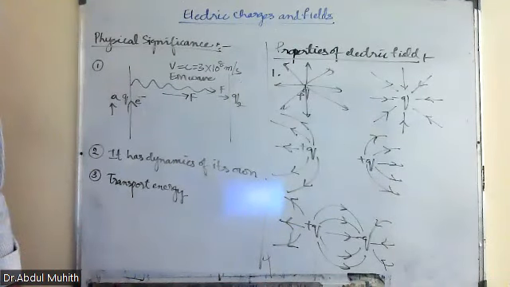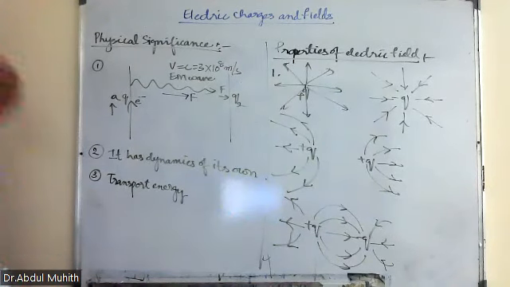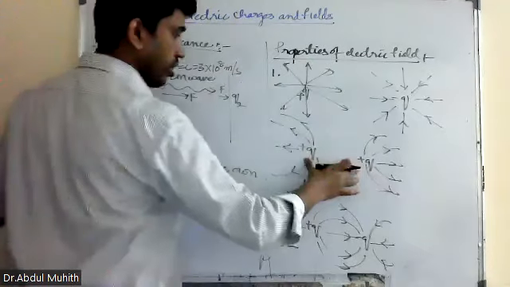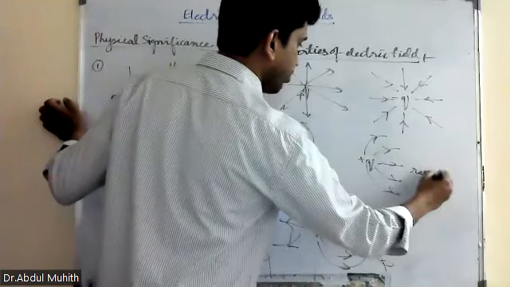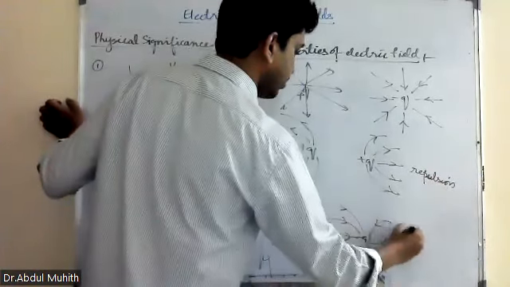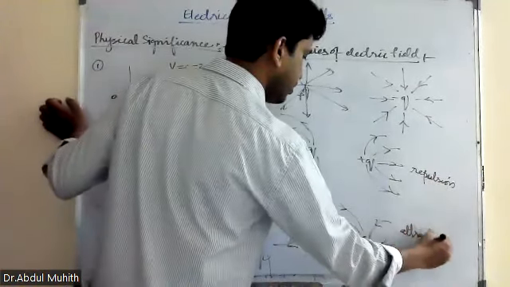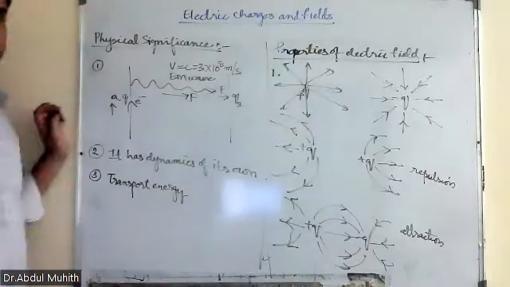For the second diagram, both are plus Q. Here both are positive, or it can be both negative. They repel. Here repulsion is taking place, and here it is attraction. This comes under the first point only.